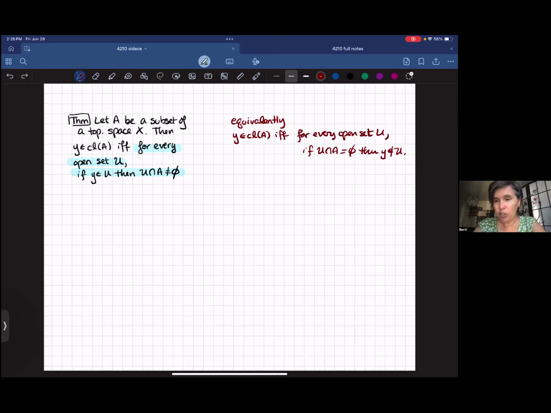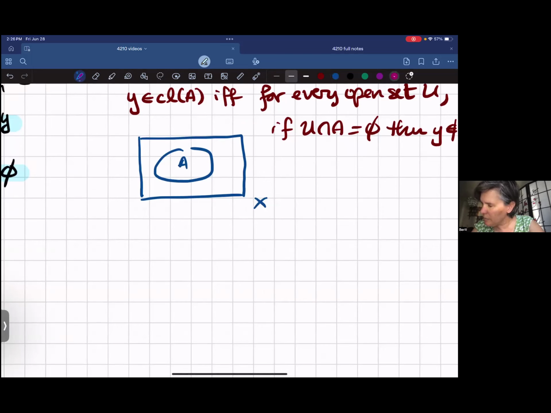All right, and then let's also just draw a Venn diagram because this one is a little bit hard to grasp all at once. So the idea is, here's my set X, here's A, and if Y is already inside of A, well, we know A is a subset of the closure of A, so that's easy. So let's imagine that Y is maybe not in A, okay? But it should be sort of close to it. So maybe Y is right here.